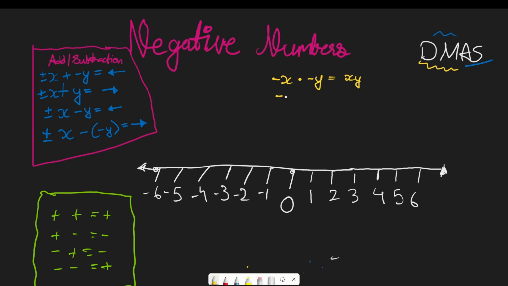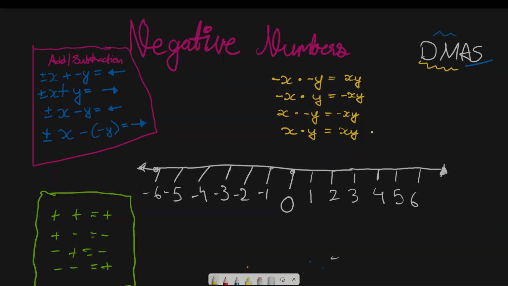Minus x times y should give you minus xy. We have x times minus y should again give you minus xy, and you have x times y should give you xy. So that's adding, subtracting, dividing, and multiplying negative numbers.